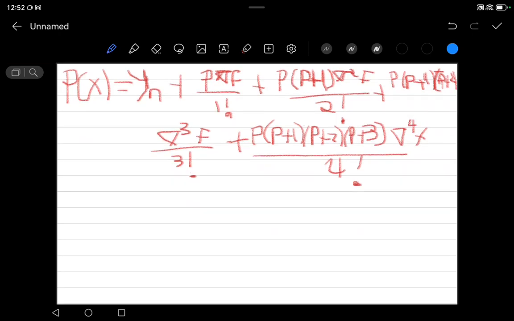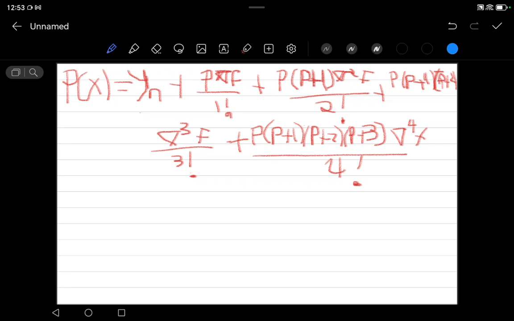So this is the formula for backward. For forward we were subtracting, and for backward we're going to be adding. For forward it was y0, and now for backward it's yn.